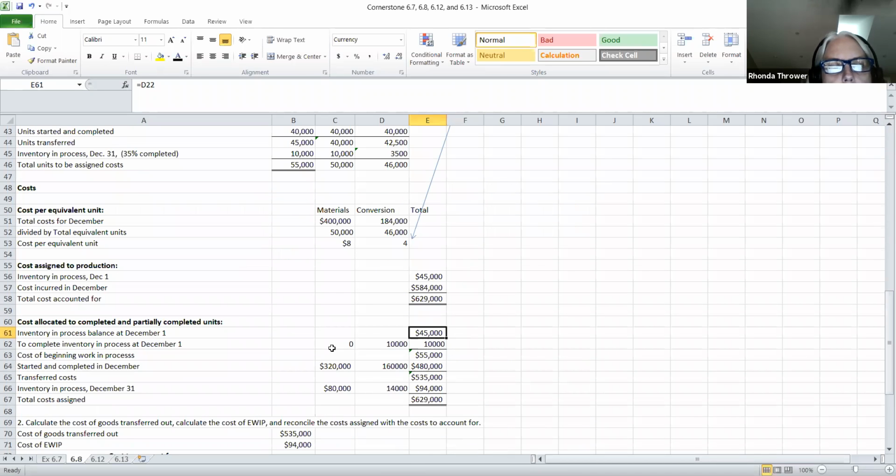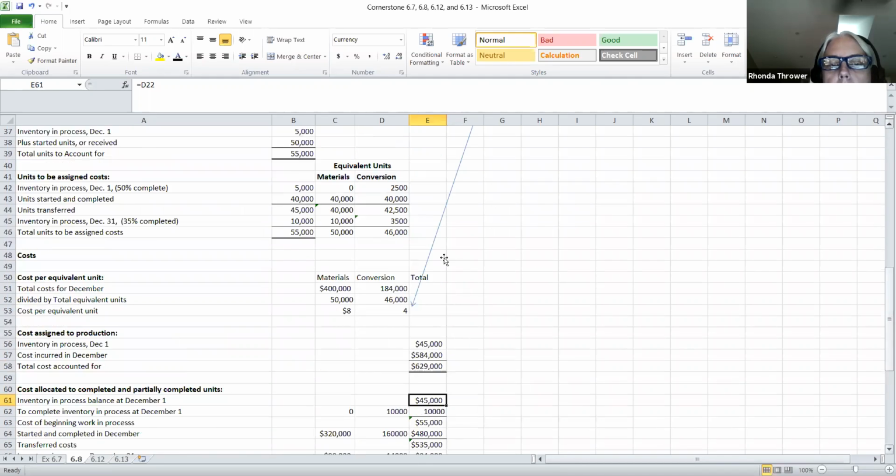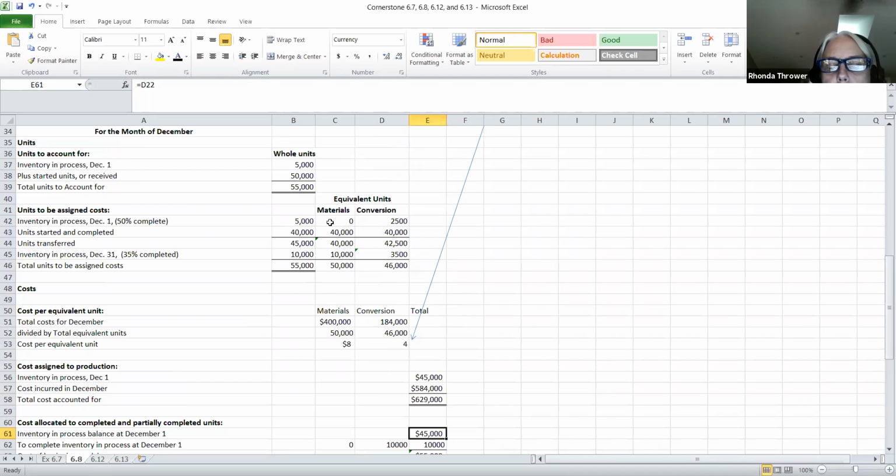You have to find how many materials had to be added as far as costs are concerned to the beginning inventory. Remember, 100% of the materials went in last period. So if it's beginning inventory, it was started last period. All of them are there. You don't have any this period. So it's 0. Notice how I put a 0 here.